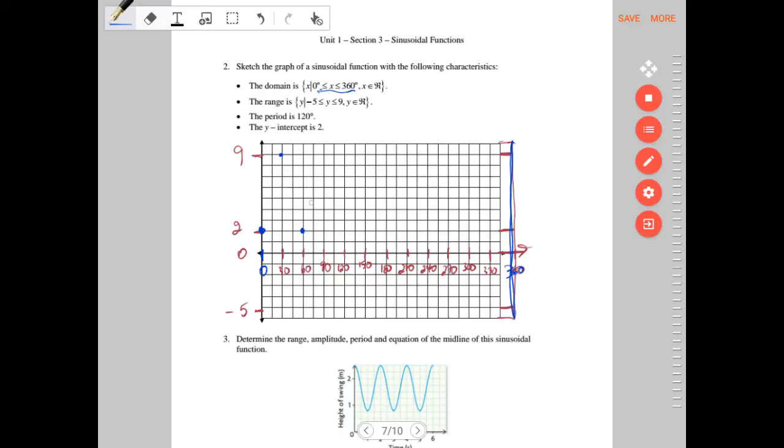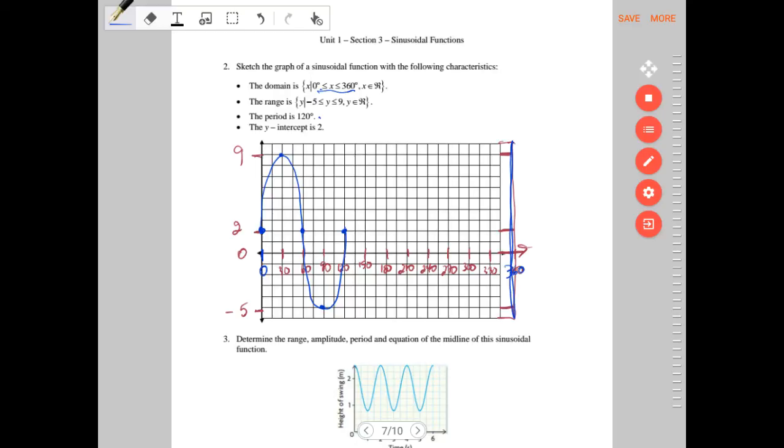And then for another half the period, so at 90, that would be at -5, and at 120 we should be back up here at 2. So there's one full cycle from the midline to the max, back to the midline to the min, and back to the midline. That's one full cycle. And remember, the period is 120, so that should happen in 120.